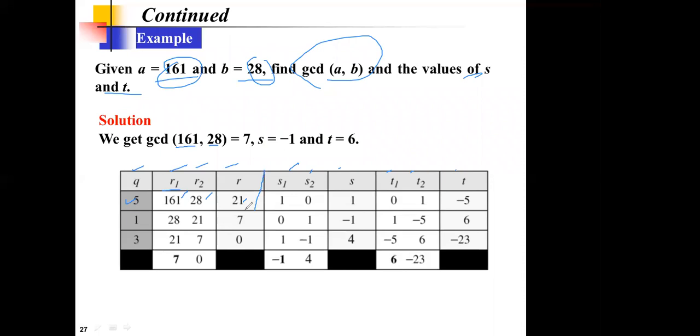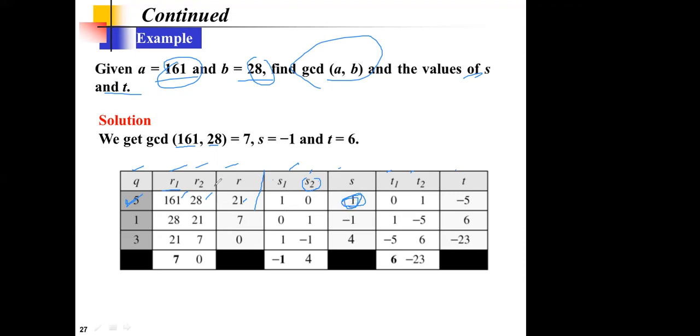Then I have already assigned S1 equal to 1, S2 equal to 0. Then what will be the value of S? S is equal to S1 minus Q times S2. So Q, meaning 5, times S2.